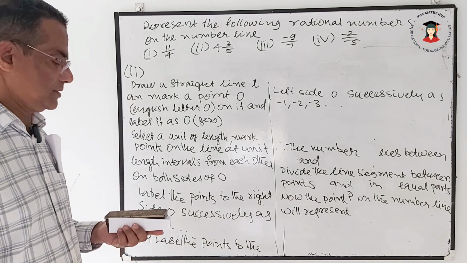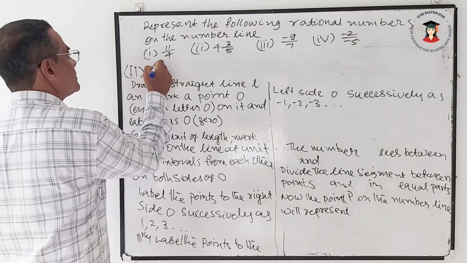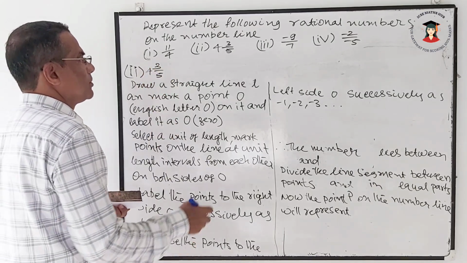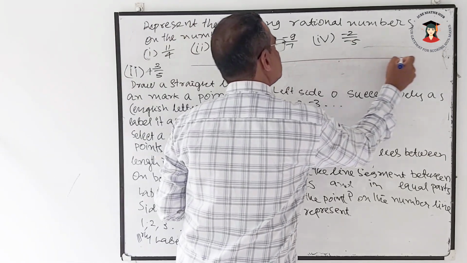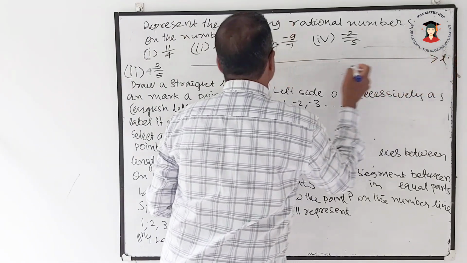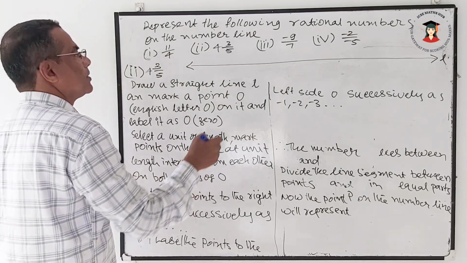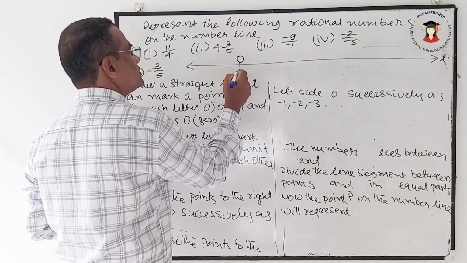The second question is 4 and 3 by 5. So let me write the line like this. This is L. And there is the point 0.